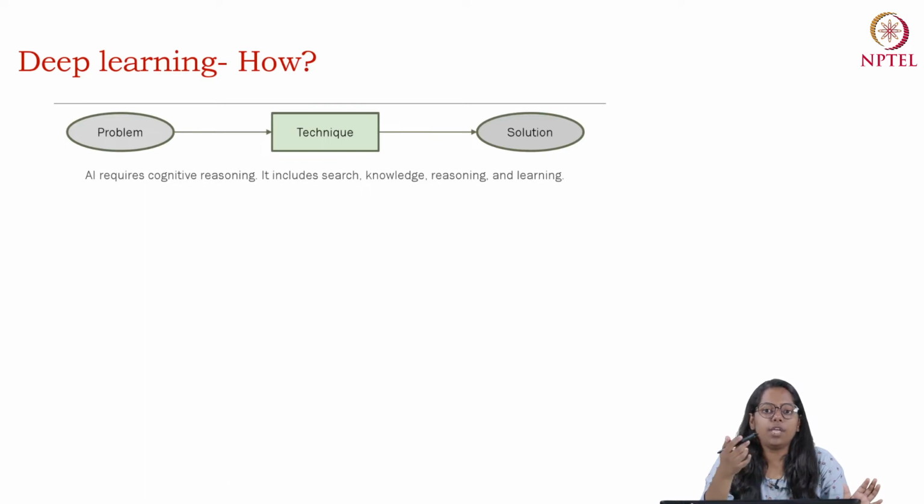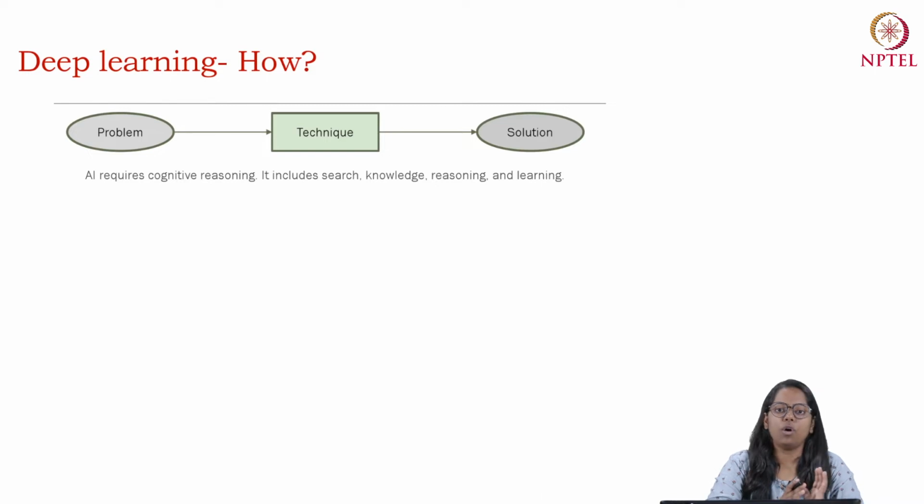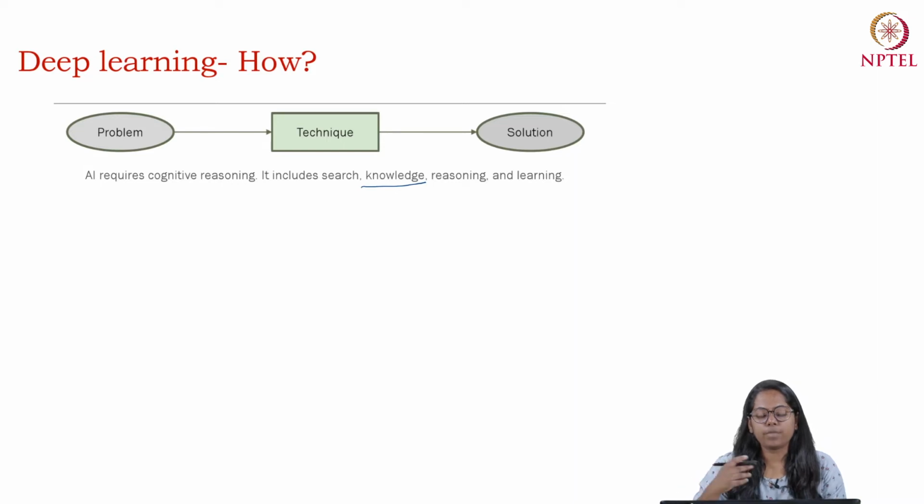if we want AI, we must be able to search our previous experiences, or every historical scenario that we have seen, so that we can have some kind of knowledge about the current situation and the different patterns that we are observing right now, and we can reason based upon this knowledge, and then we can take an action.